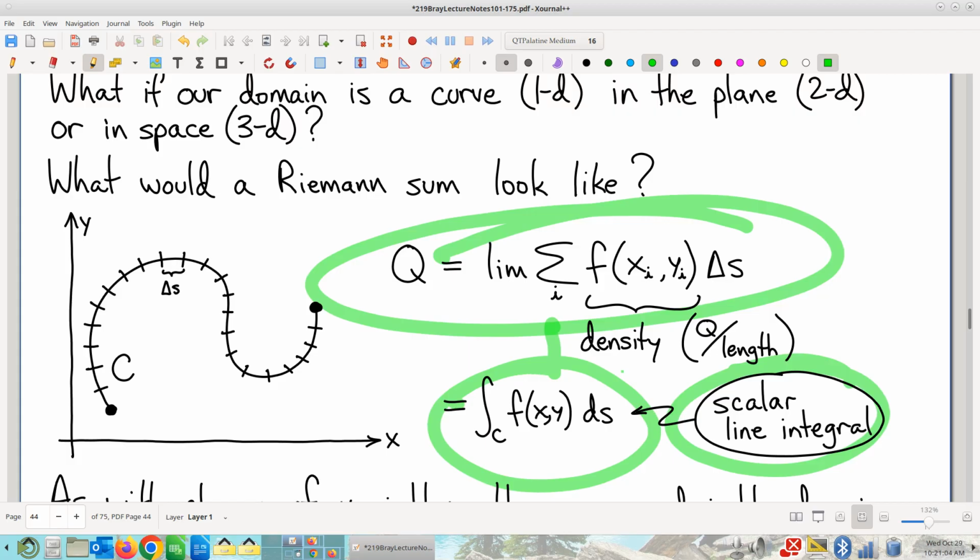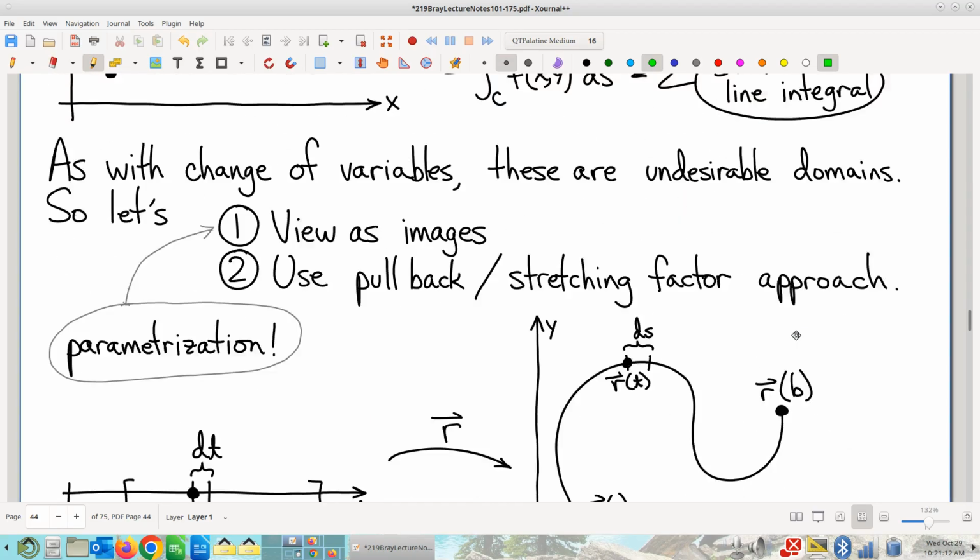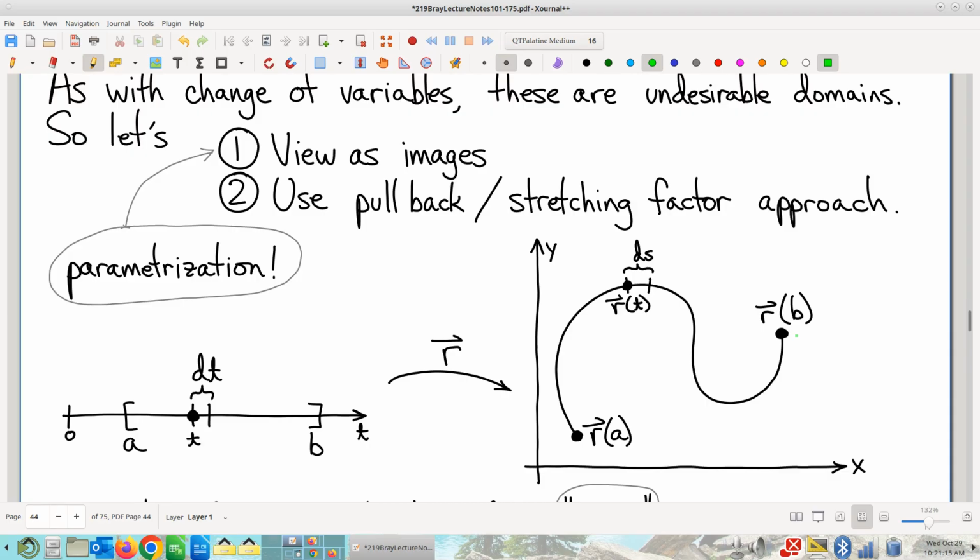So we define in particular this thing called a scalar line integral. All right. And then there's the question, how would we compute such a thing? And we observe that, golly, it's a lot like change of variables. Now, it's not exactly. In change of variables, the domain and the target have the same dimension. You'll notice every change of variables question we did has this feature.